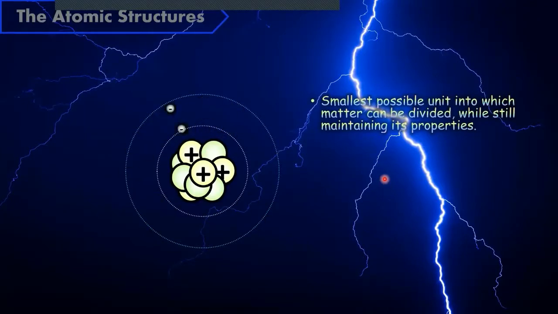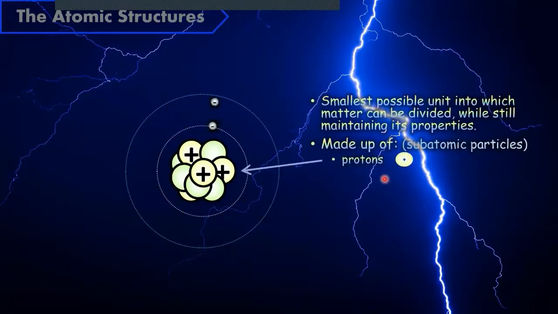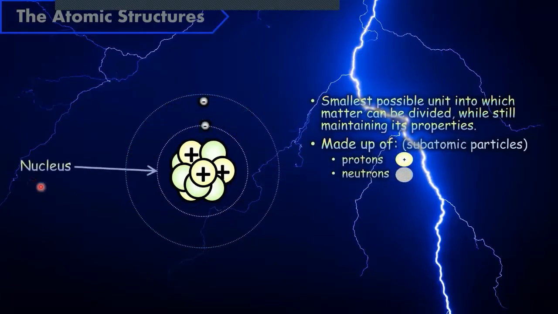It is made up of subatomic particles, namely proton, the positively charged particle, neutron, the neutral or no charge particle, and these two are located inside the nucleus. And the nucleus can be found on the center part of an atom. Lastly, the electron. It is located outside the nucleus.